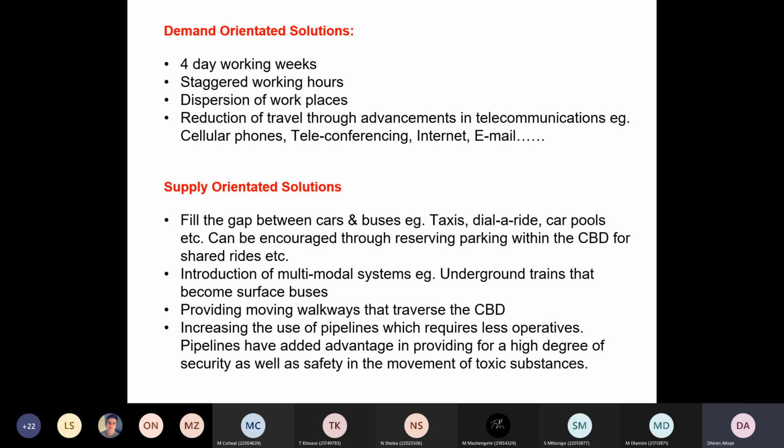Now, can you imagine if that was on your road system? How often do you find trucks carrying inflammable liquids, toxic substances, blowing up on your highway? It's a common sight nowadays. So by shifting them to pipelines, you're certainly improving safety and security.